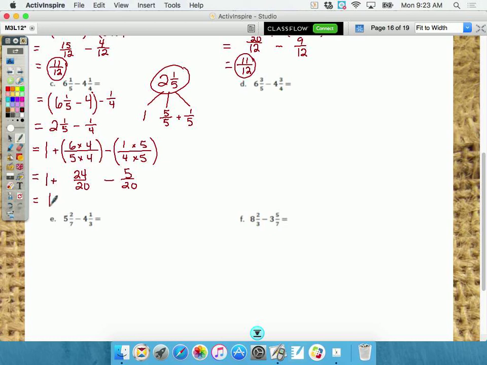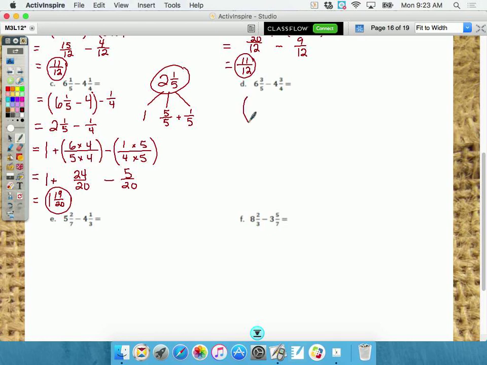So I have 1 and 19/20. So the reason I like decomposing that number and just borrowing 1 is because that way I won't end up with an improper fraction at the end that I have to change back to a mixed number. Just saves me a step.